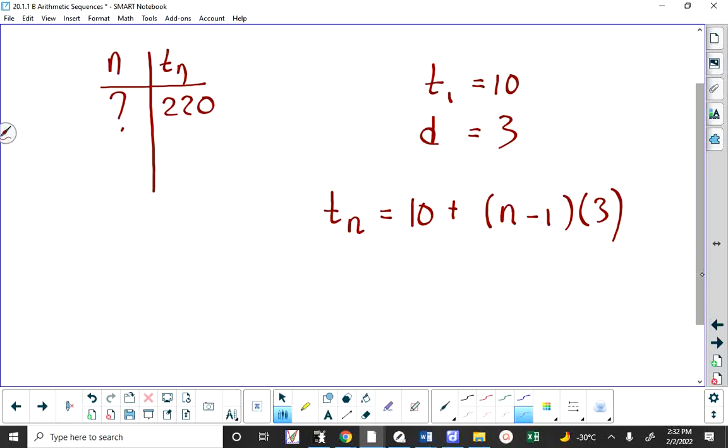And although you can now proceed to finding what n is to get 220, I recommend expanding this out and simplifying it first. Okay? I really think if we do it that way, it's going to be easier for everybody.